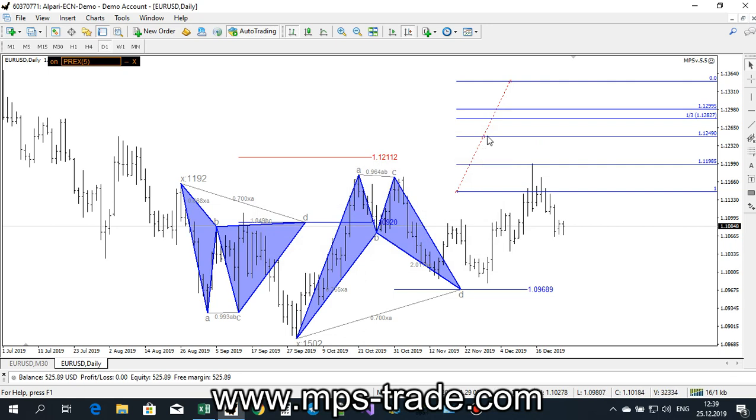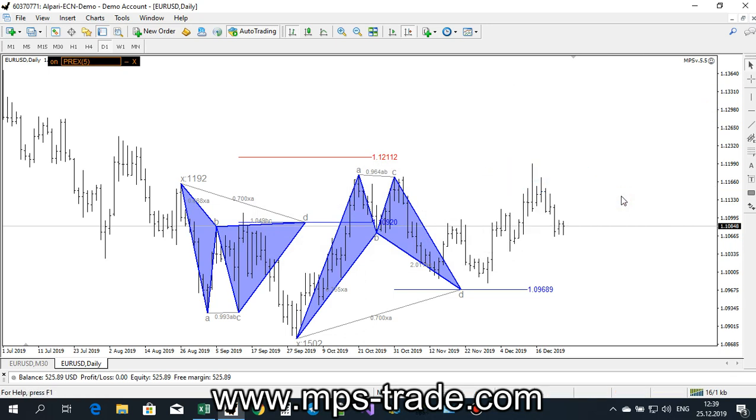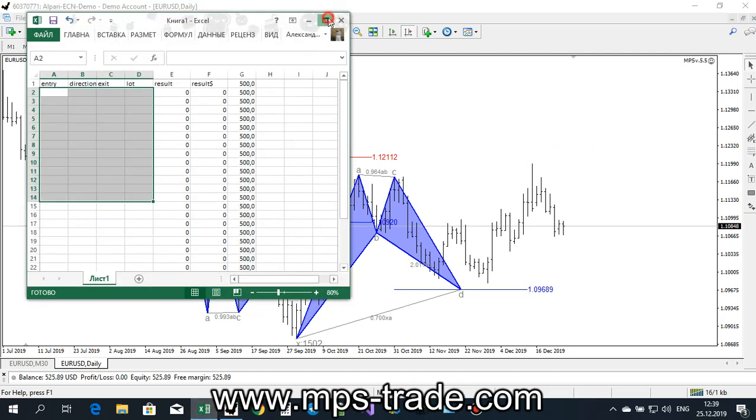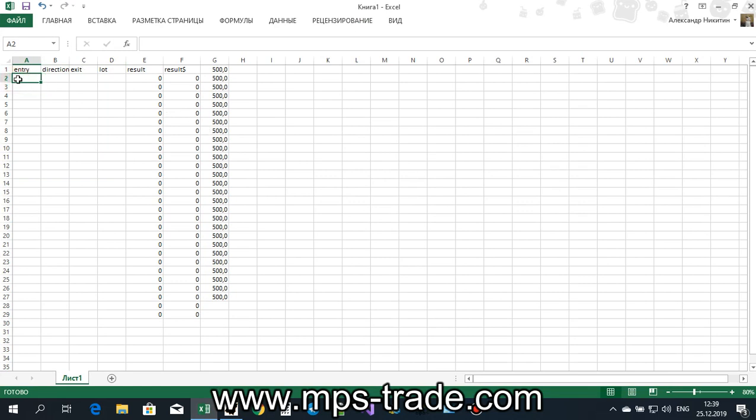Okay, now we have everything that is needed, and for our backtesting purposes, let's prepare an Excel spreadsheet. The Excel spreadsheet should look this way. You should have entry, direction, exit, lot size, and result. The result should have the following formula. This word is actually in Russian, but in English it is IF: if B2, which is the direction, equals bull, then do the following calculation.